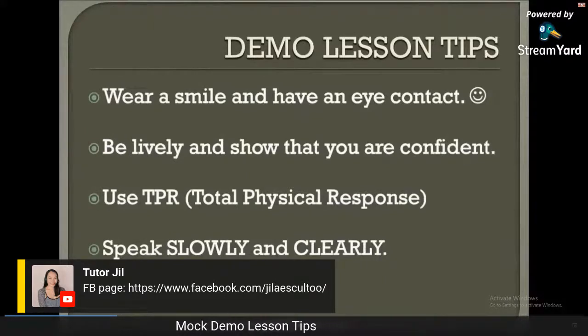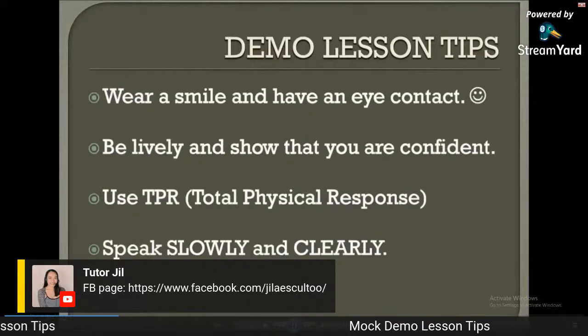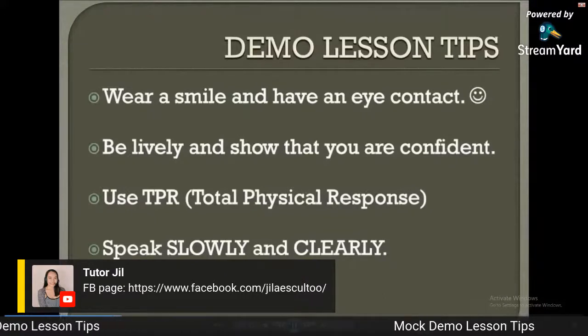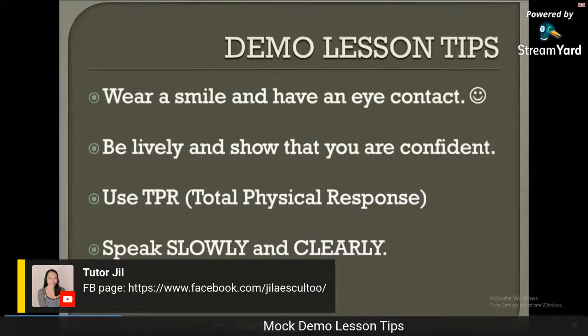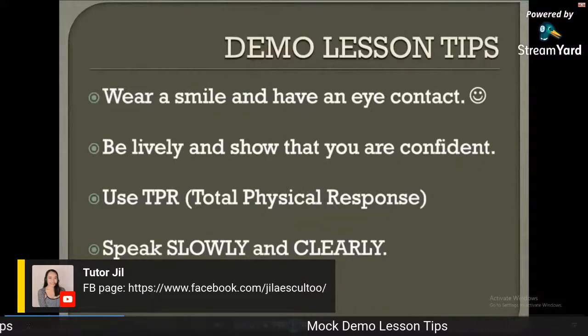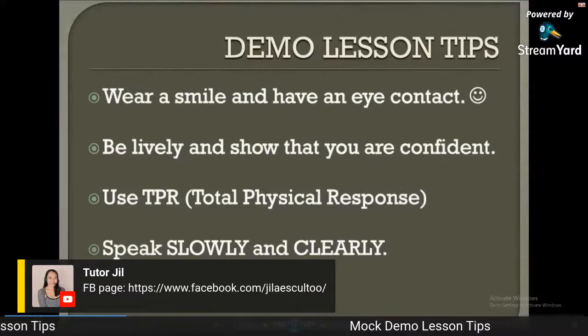And third is to use TPR, or total physical response, like hand gestures and body movements. So that's also very important. That will catch the attention of your student. And lastly, you should speak slowly and clearly, but take note that your pacing should also be based on the level of your student.